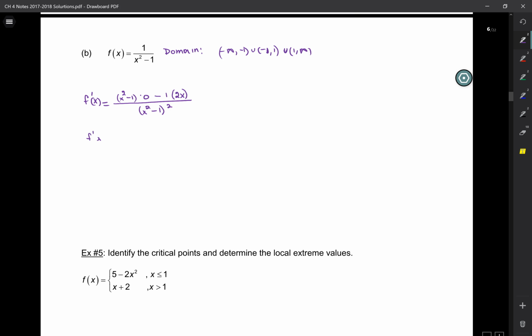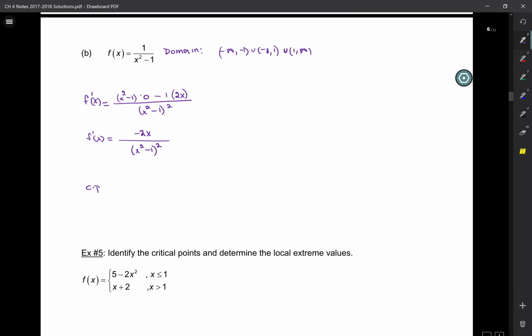So f prime of x is negative 2x over x squared minus 1, squared. Okay? Couldn't you make that into x to the 4th plus 1? No. It'll be x to the 4th minus 2x squared plus 1, but there is no need to do that. We could just leave it that way.